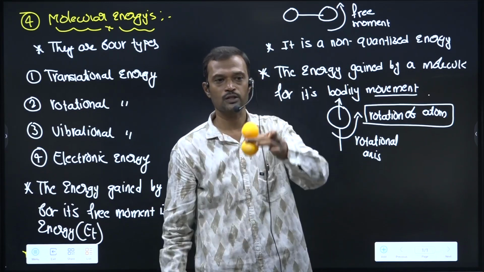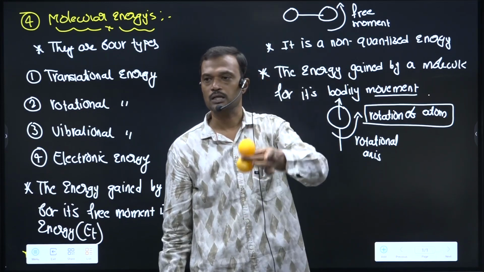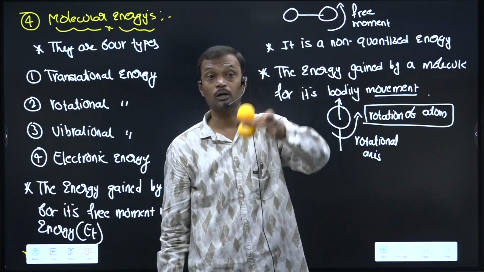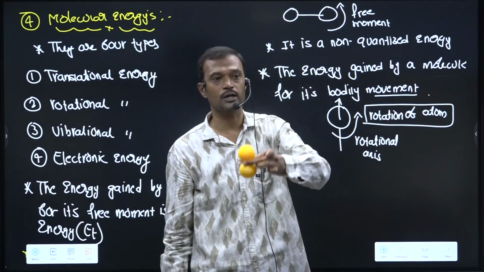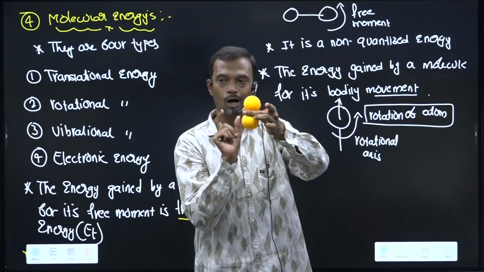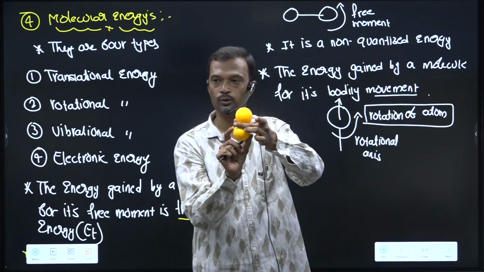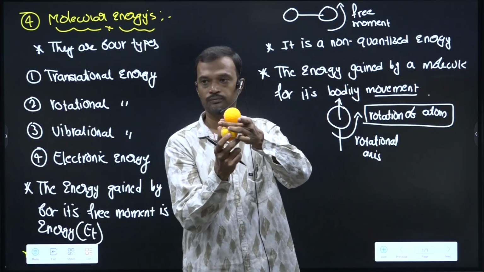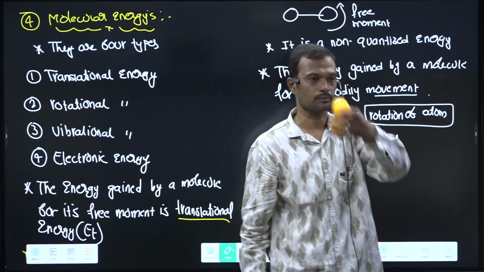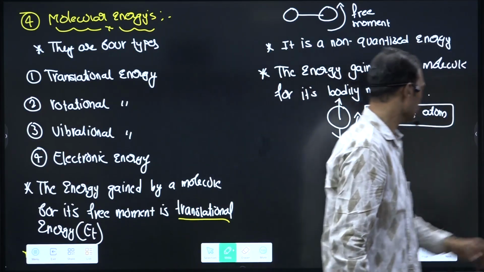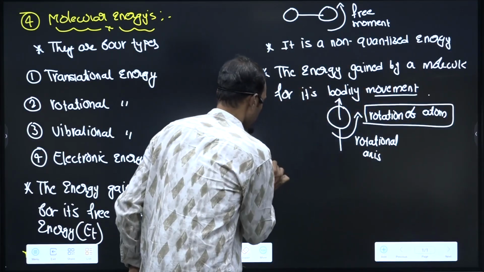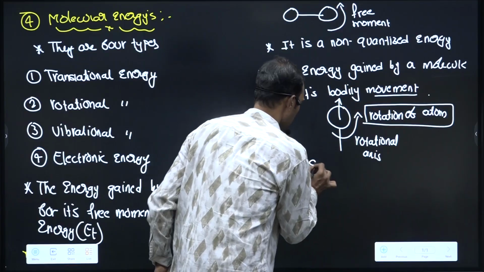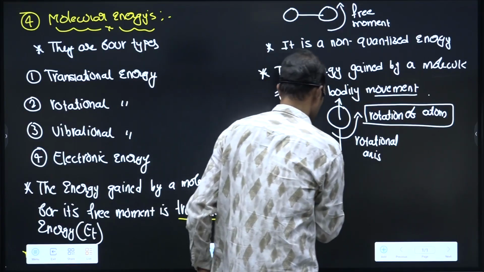If it is moving freely like this, it is called translational energy. This energy can't be quantized. We can't measure this energy. But how much energy is required for any molecule for its rotation can be measured. This is rotation, this is translation. Is it quantized or not? Yes, it is a quantized energy.